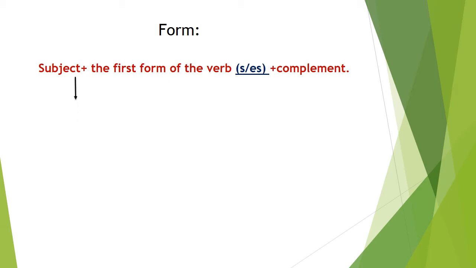The subject means الفاعل. Then comes the verb with s or es. تصريف الأول للفعل مع s أو es. Plus complement which means تكملة الجملة.